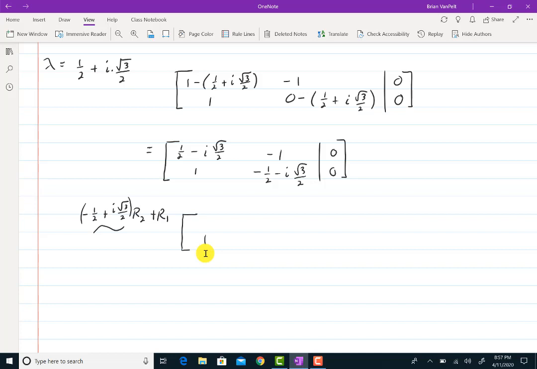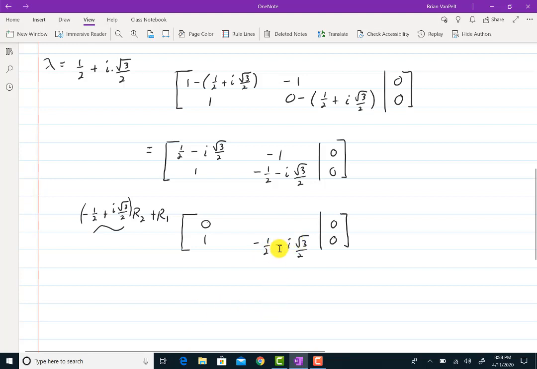Well, of course, the second line is not affected by this. But the rest of it is. When I multiply 1 by this number, I get this number here. And so when I add it there, I get a 0, which is exactly what I wanted. This is going to be a little more complicated.